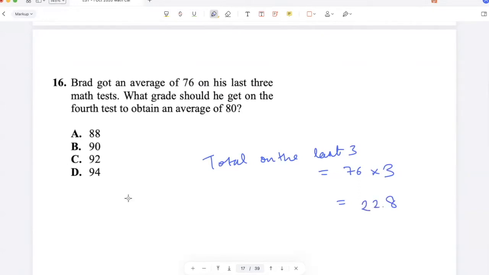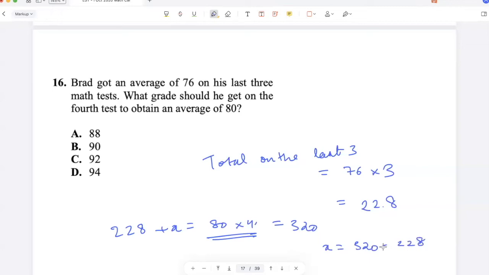So if on his 4th test he gets X, then 228 plus X should be 80 times 4, because his average after the 4 tests should be 80. So that's 320. So X should be 320 minus 228, which is 92.